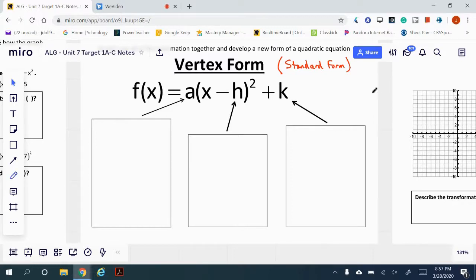All right. So what we're going to talk about in these notes, guys, are some things that we're not actually going to cover in this unit this year as freshmen. But I can tell you, as someone who teaches AAT, which is essentially the second half of algebra, you're going to need to understand these transformations.